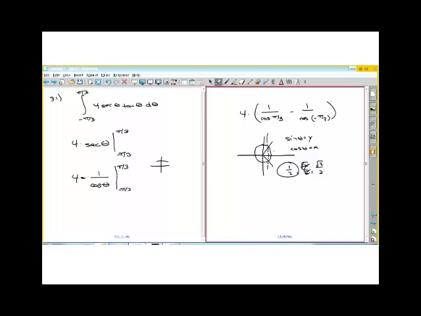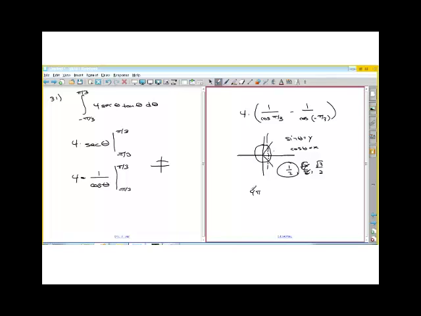So I'm not memorizing, I'm not filling out a unit circle. I'm using logic to figure out what the values are. And the only values that we really can use the unit circle for are the ones that involve pi over 6, pi over 4, pi over 3.